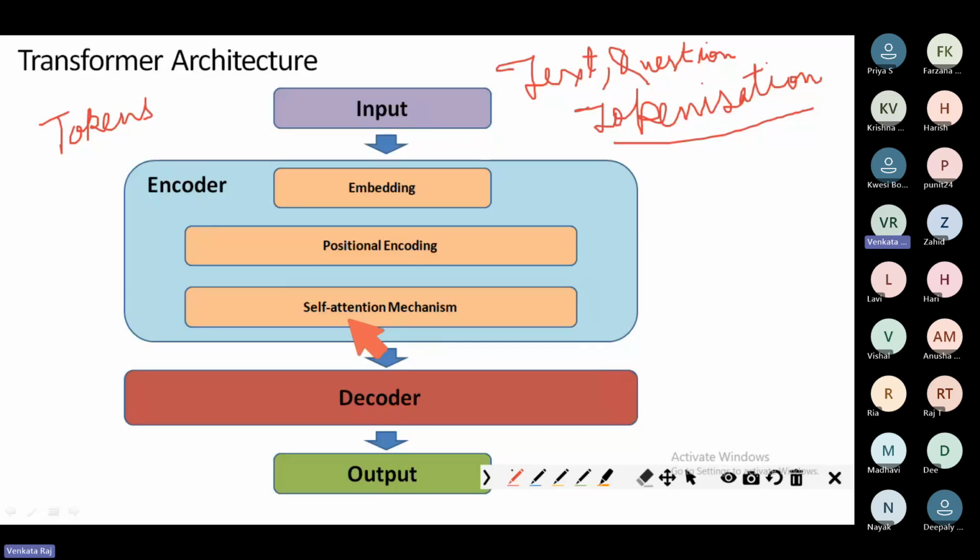So when the input is provided, it is converted into tokens, then it goes through the process of embedding. So in embedding, what will happen, guys? Each token will be allocated numbers. They will be numbered basically. First, the tokens will be numbered. Okay.